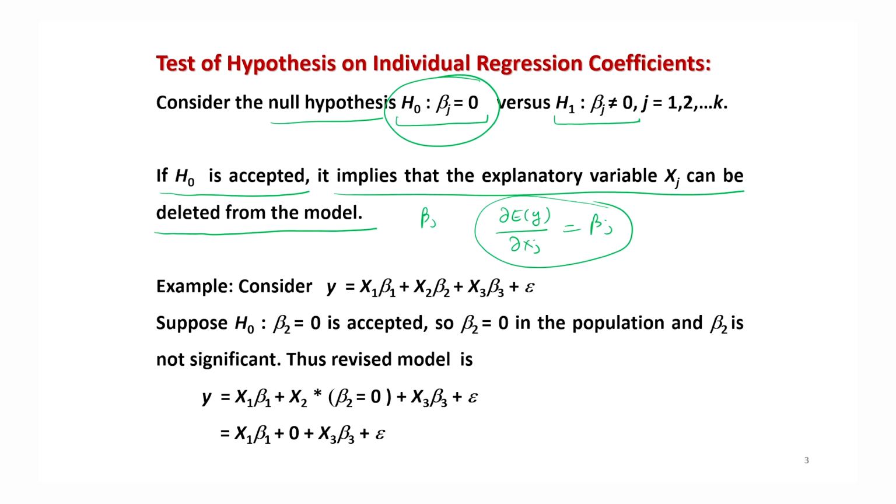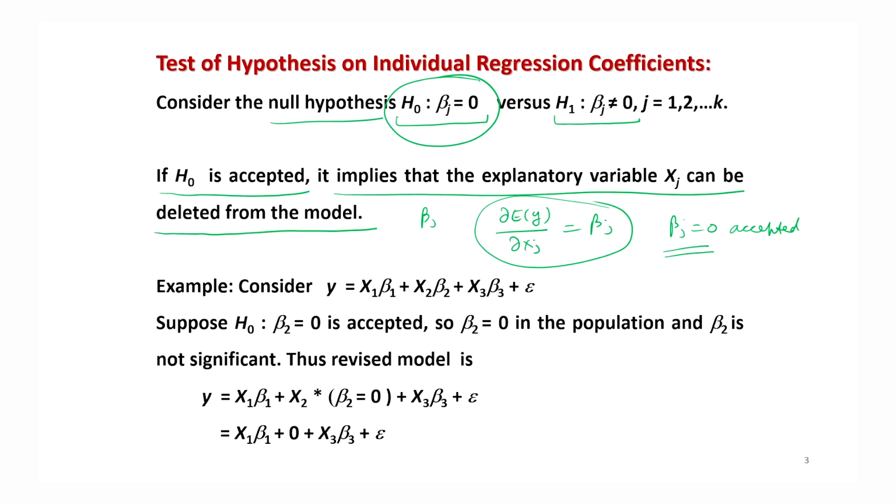So if beta j is equal to 0 is accepted, and beta j is the value of the parameter in the population, so in the population beta j is 0, that means the rate of change in the average value of y with respect to xj is very small and ideally 0. That means xj is not contributing in the model.